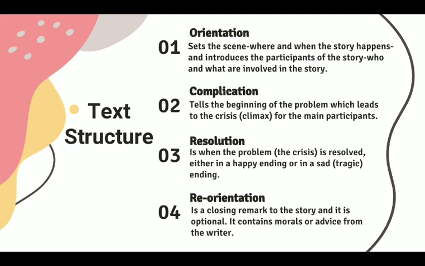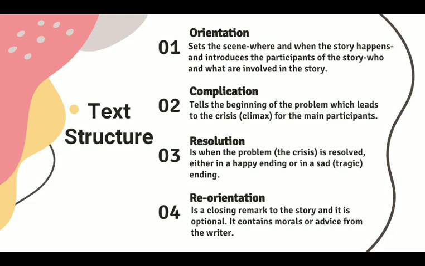The second structure is complication. It tells the beginning of the problem which leads to the crisis or climax for the main participants. So it contains the conflict, the problem of the story, like that.